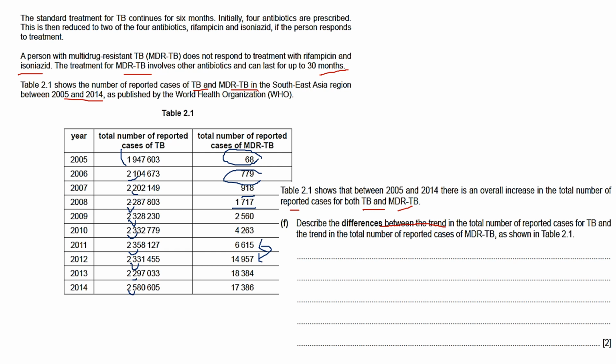Something else that you also want to say is that you want to look at the places where there was a difference, things that just seemed different. So if you look at TB, we've had an increase in trend the whole time until we get somewhere down here. I think so here it's 2,358, then it decreases to 2,331,000, not 2,000, and then it decreases again.